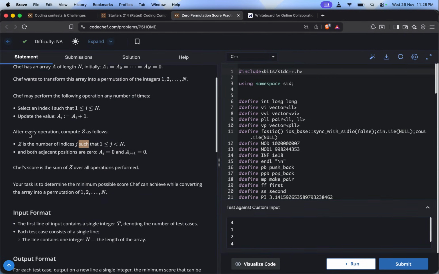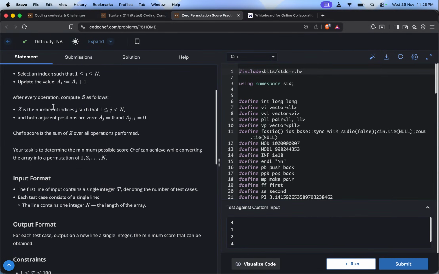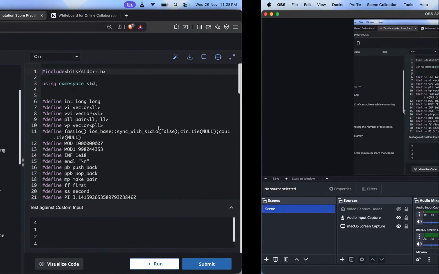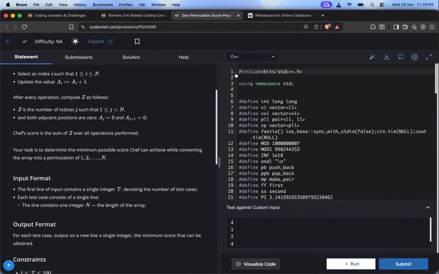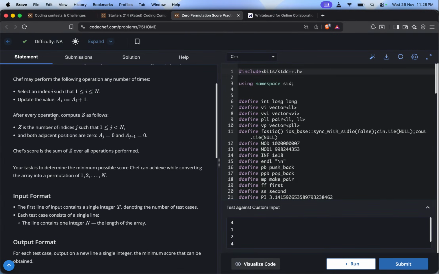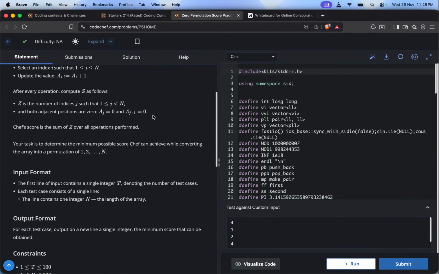Now for every operation, the cost of the operation is computed as z, and z is the number of different indices j such that both a_j and a_(j+1) are 0. Right? This means the cost is equal to the number of all such indices such that that index and the next index are 0.